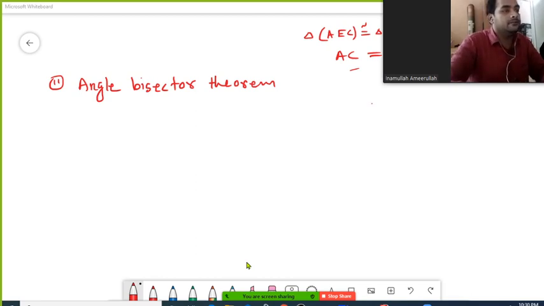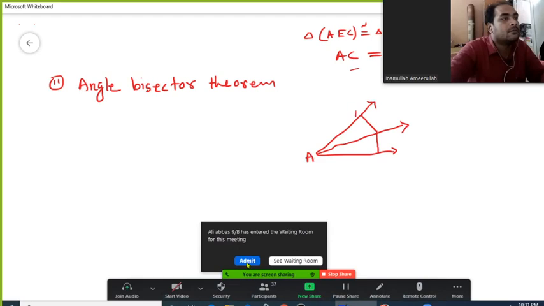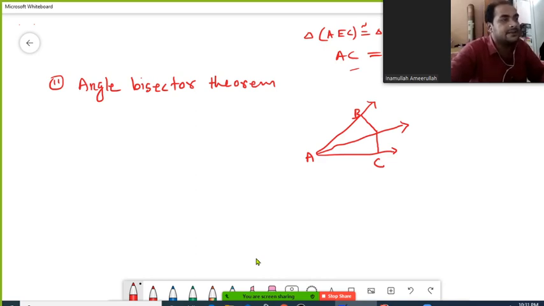If you have an angle and this is a bisector, suppose this is angle ABC, BAC, and this AD is the bisector, which means AD divides the angle A into two equal parts.